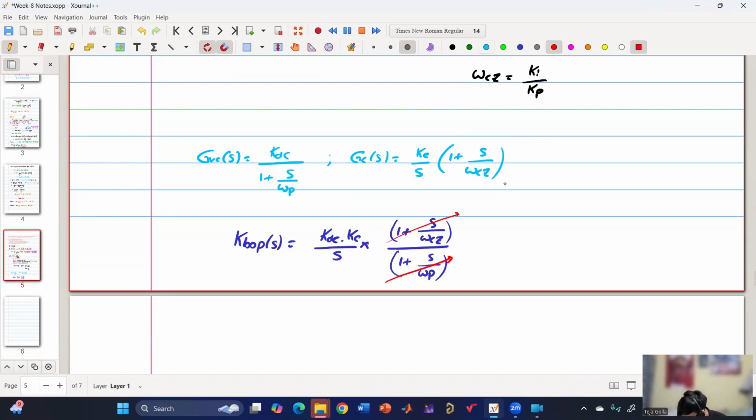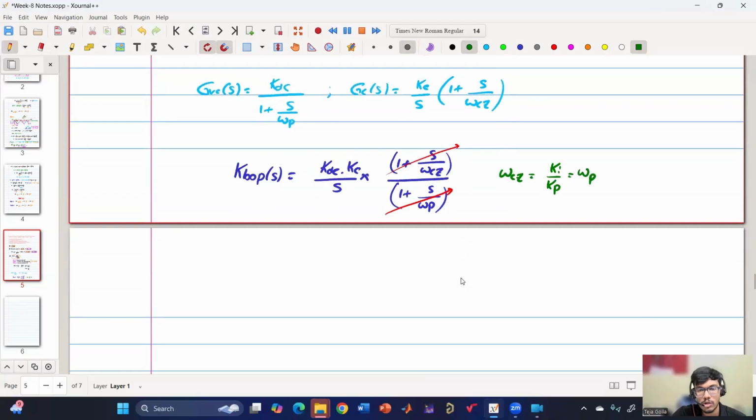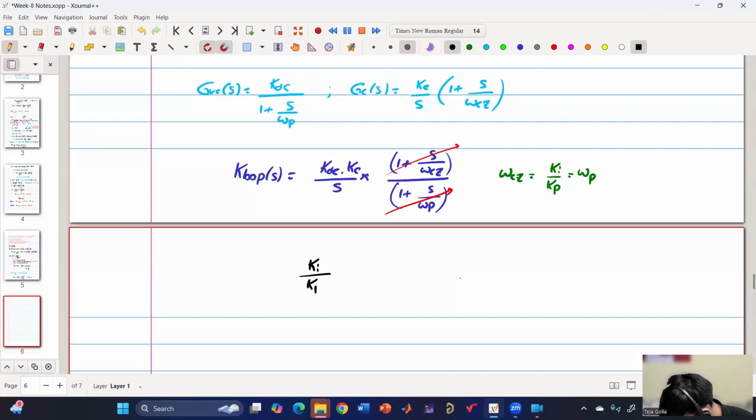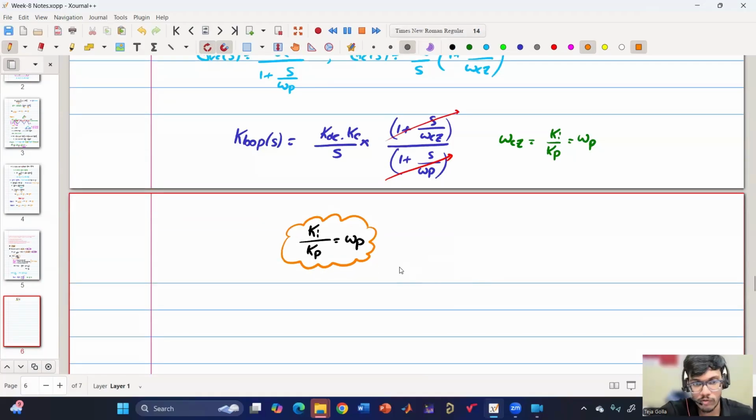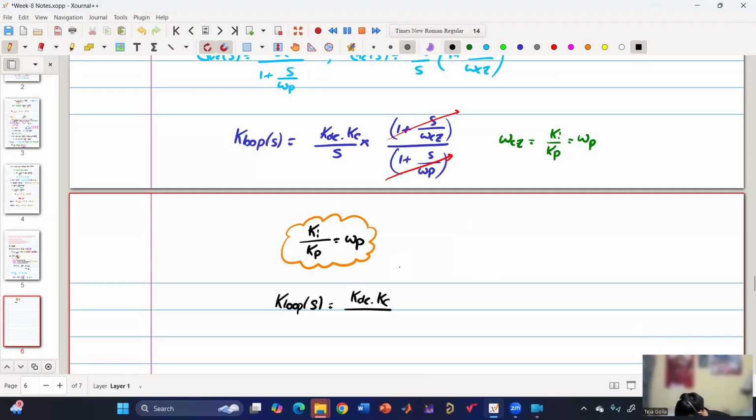So from this, we get one equation, which is omega Cz, which is Ki by Kp, equal to omega p. We need two equations because there are two unknowns. So the first equation is Ki by Kp is equal to omega p. Okay, so this is my equation one. Now my K loop of S becomes KDC into Kc by S. So now how to get another equation? From where will I get the other equation?